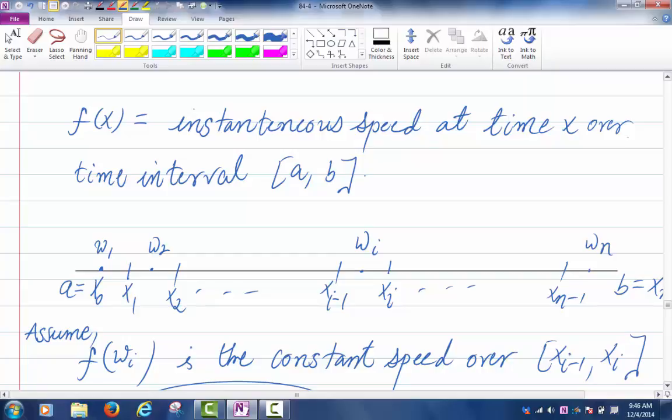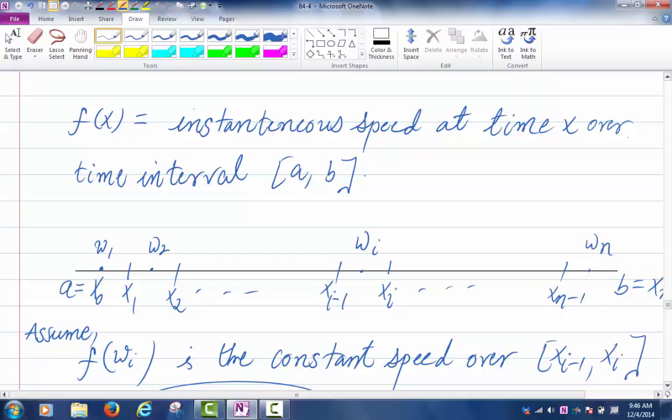But because the first interval is so tiny, I can assume that f of w1 gives you the average speed over that time interval. So if I assume that f of w1 is the average speed over the first subinterval, then what's the distance covered over the first subinterval?